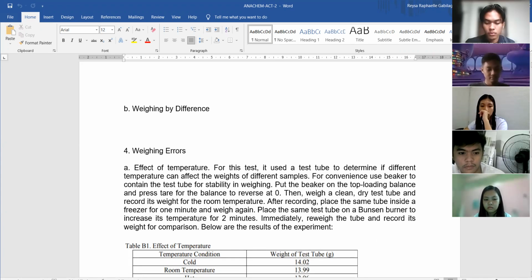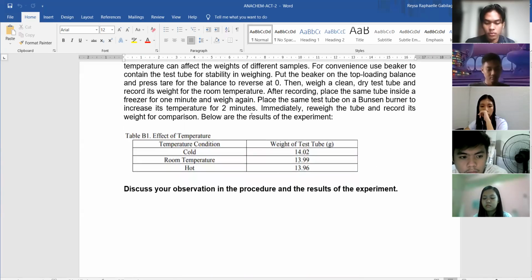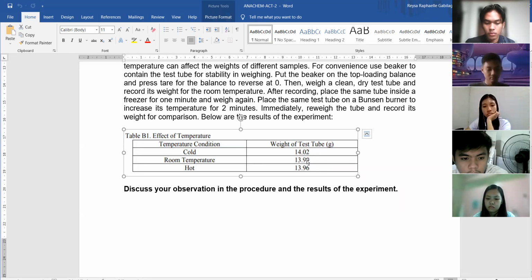So you have to read the procedure since we cannot really do it sa face-to-face na klase. You have to read the procedure, and then the result of the experiment is already given here. Ito na yung result. Ang gagawin nyo na lang is i-discuss nyo yung observation in the procedure and also the result.